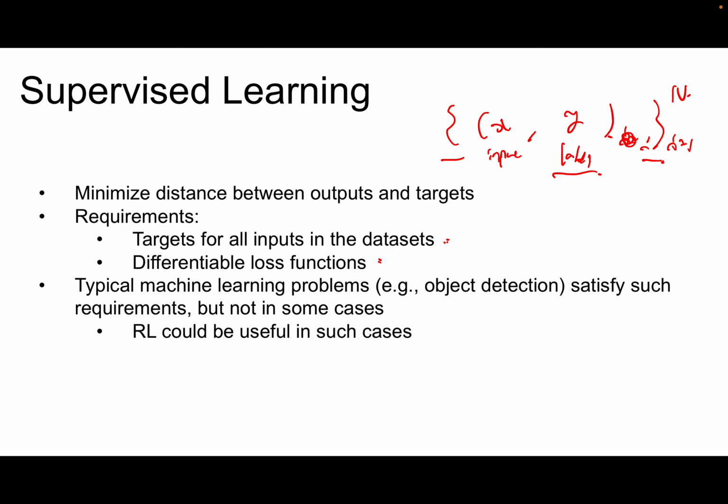These are the two requirements for supervised learning. Typical machine learning problems like object detection satisfy such requirements, but not in all cases. In some cases, targets for all inputs in the dataset might not be available, or loss functions could be non-differentiable. In such cases, RL could be useful, right?